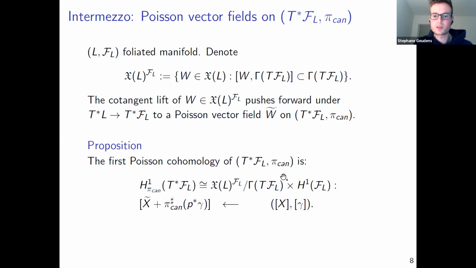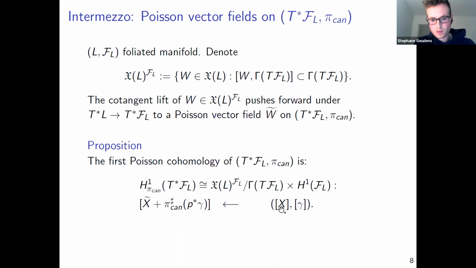So the first factor is the same thing as H0 of the foliation with values in the normal bundle. And so the isomorphism works as follows. If you take a closed foliated one form gamma, you can pull it back to the total space and apply pi sharp, then you get a Poisson vector field. And this vector field is actually vertical and fiberwise constant.